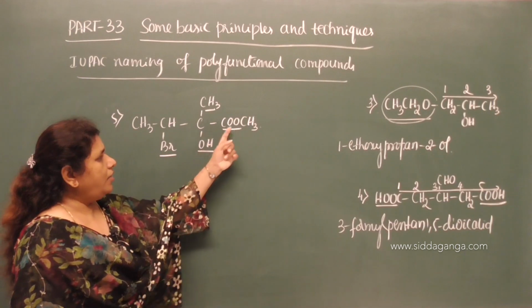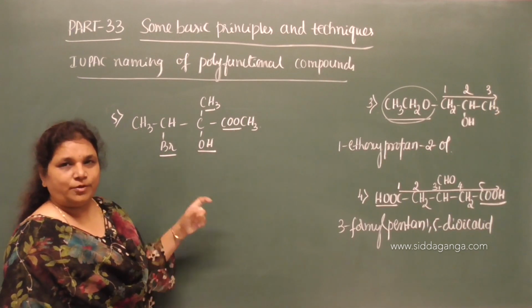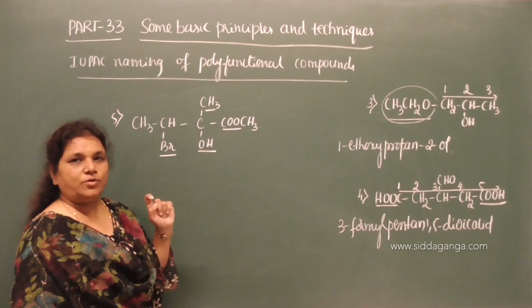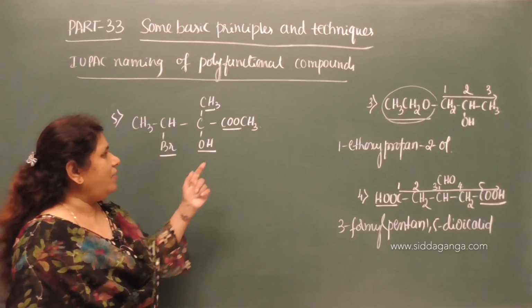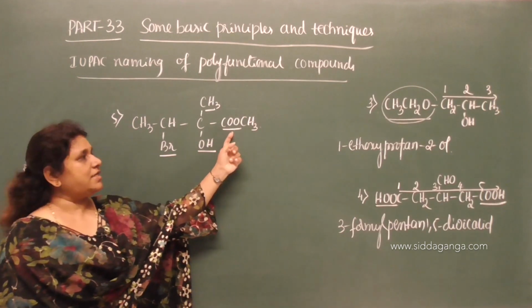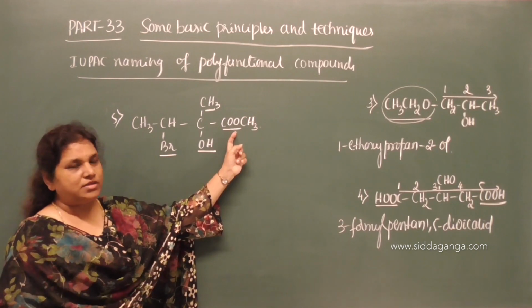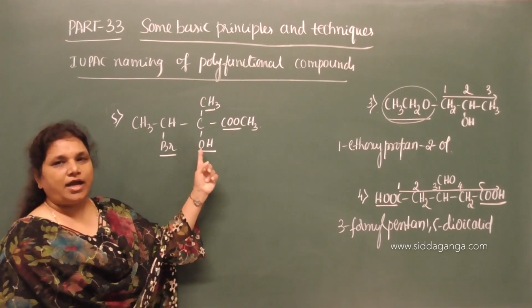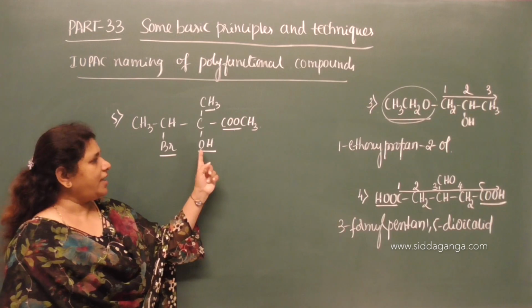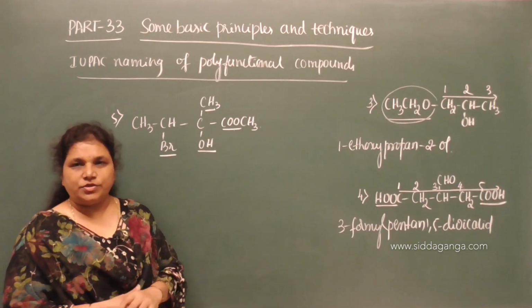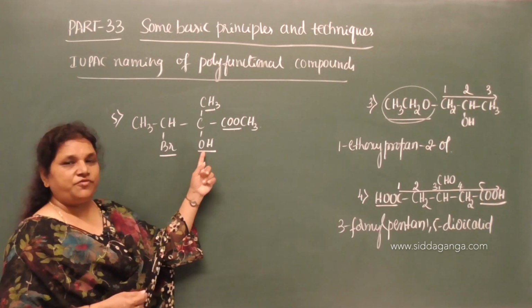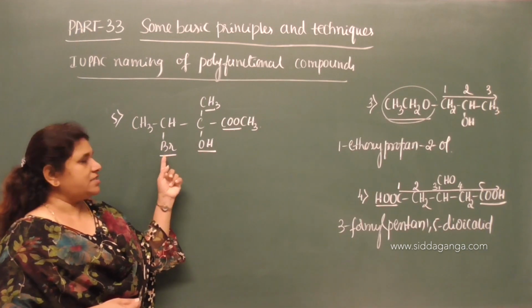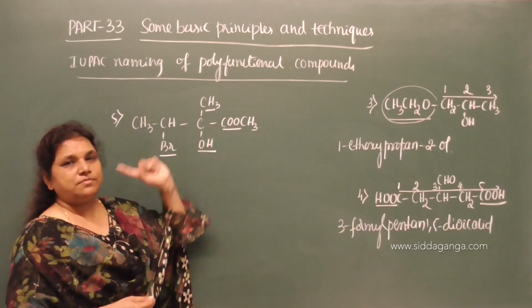Now out of these two, we have to follow the priority. The ester group gets the priority, therefore we have to consider the secondary suffix for this oate, and this acts as a substituent now. When it acts as a substituent, we have to use the prefix. What is the prefix? Hydroxy, and this is bromo, and this is methyl.